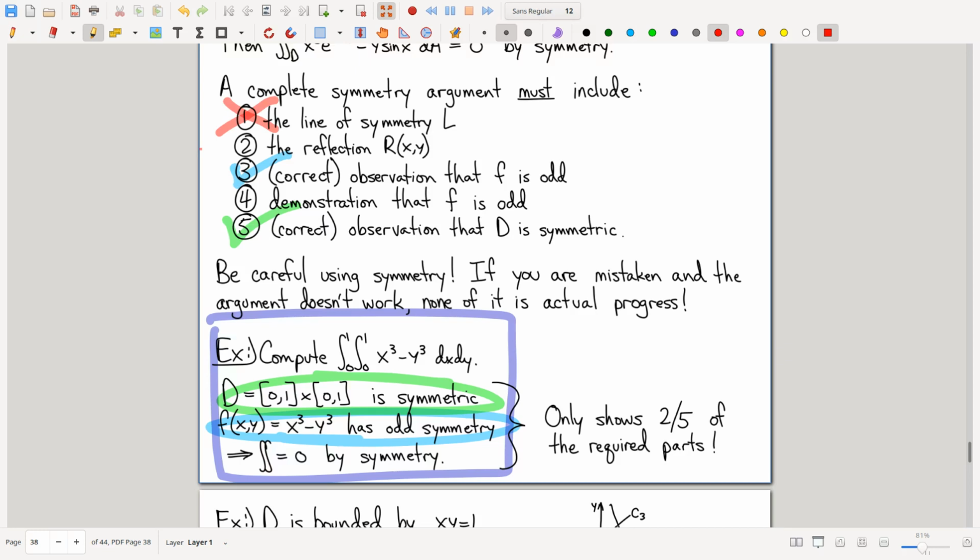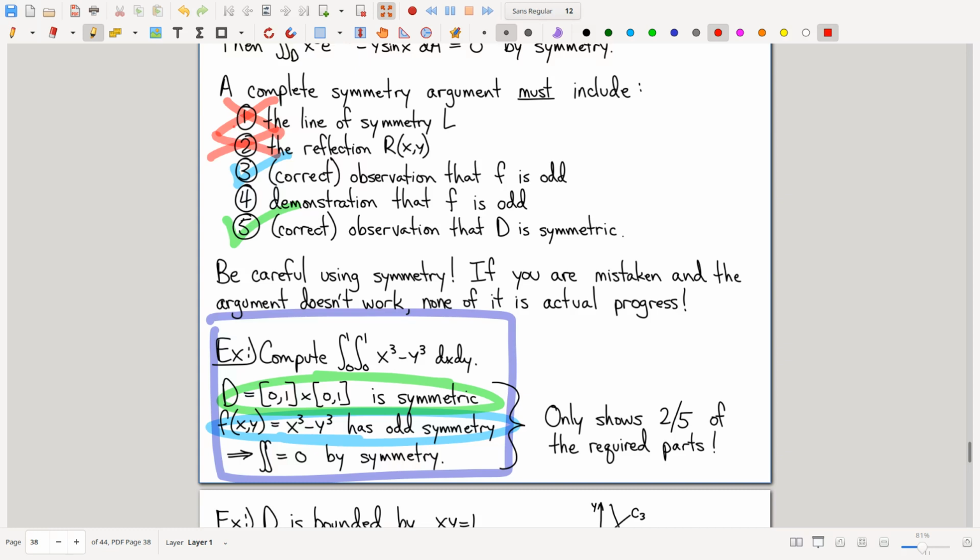I don't know which line you're talking about, right? It's importantly unclear whether you're claiming symmetry around the line y equals x or symmetry around the line x plus y equals 1 or around the line y equals a half, right? There's various different options there. Which one are you talking about? I don't know. It's very important gap in the reasoning.